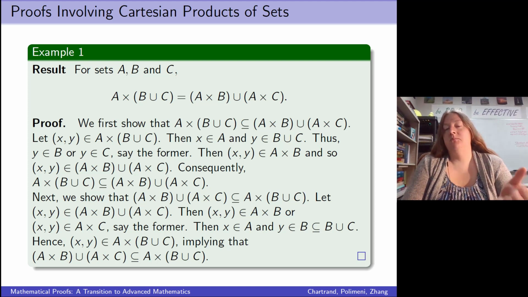Now, there's nothing different about B and C in this. I'm taking the union of the two of them, and all I know about them is that they're both sets.